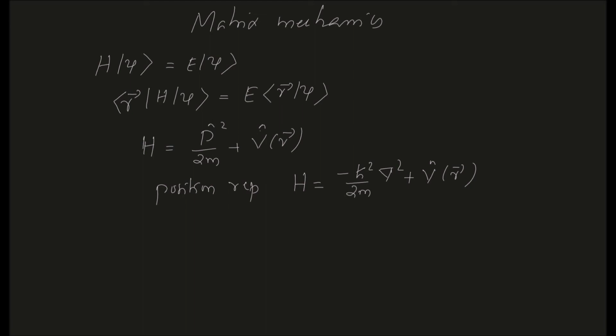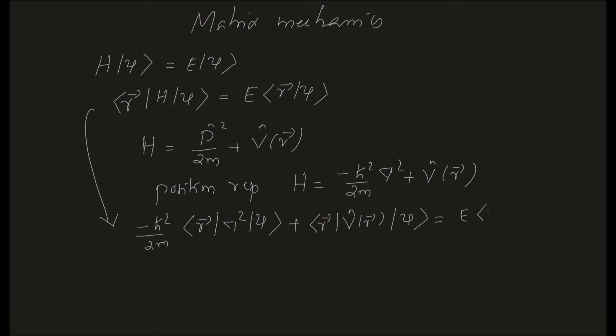So this equation can be written as minus h cross square by 2m del square psi plus, we can split that into 2, V of r psi is E psi.